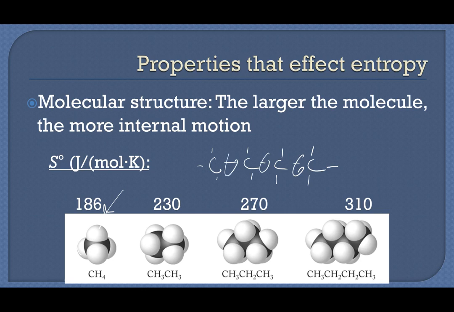So we've got a lot more opportunity for that molecule to have motion. And so more opportunity, more freedom, it will get messier. So the big take home is the bigger the molecule, the bigger the structure, the more entropy it will have, the higher entropy, the messier it will be, or the more disorganized it will be.